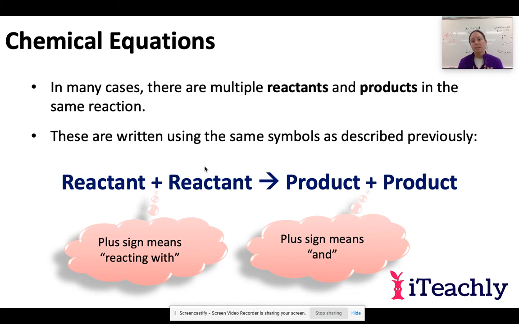How would we say this? I would say reactant 1 and reactant 2 yields product 1 and product 2. I could also say reactant 1 reacts with reactant 2 and makes product 1 and product 2. Notice it's just a little difference in wording, but it still means the same thing.